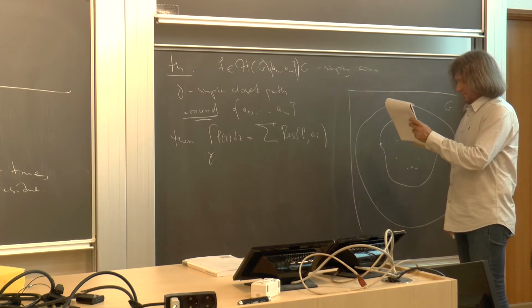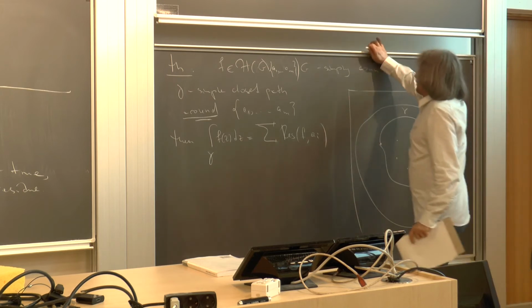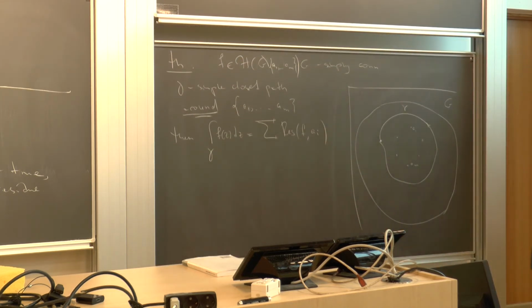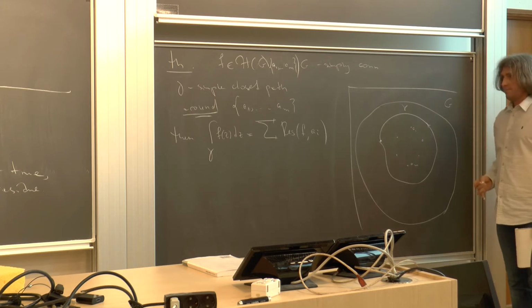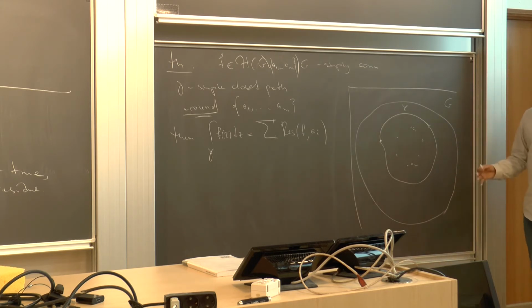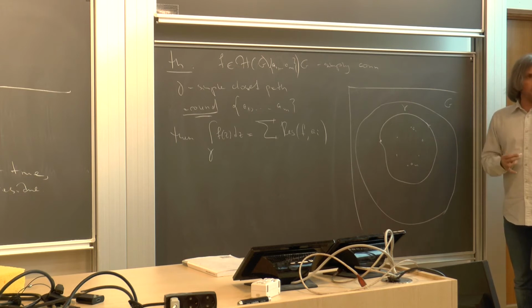So let's prove it. There are many ways to prove it. I'll draw one way which explains in a way what's going on, but I'll also produce a formal proof a bit later.